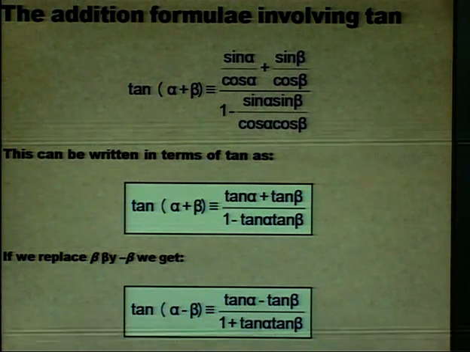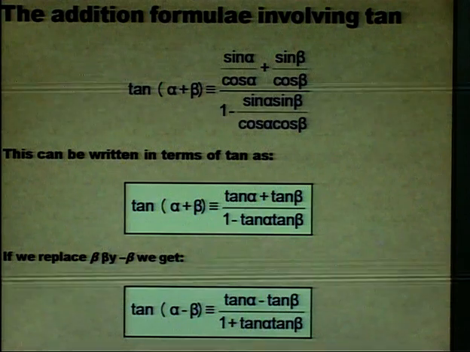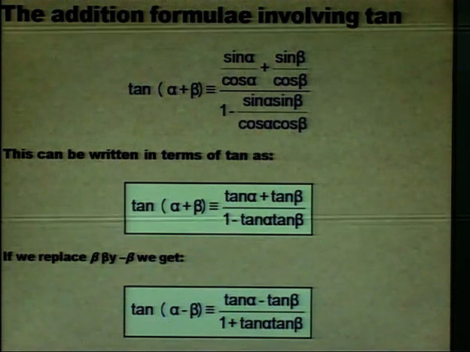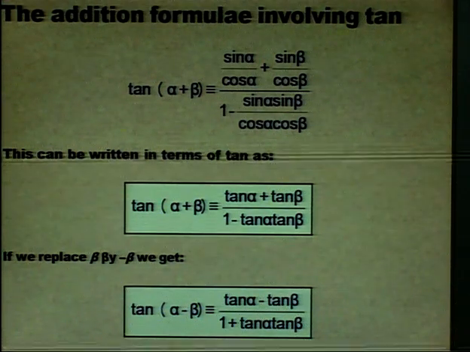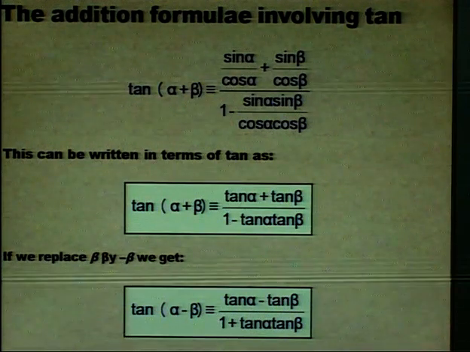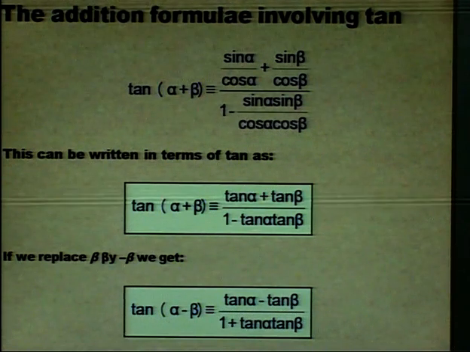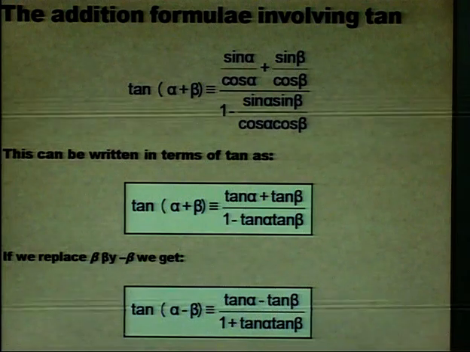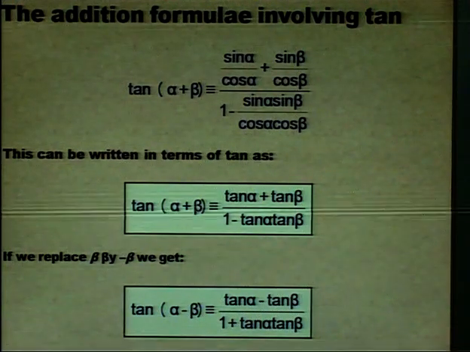But here I am using the simple fact that if you replace beta by minus beta, then tangent of alpha minus beta is merely tan alpha minus tan beta upon 1 plus tan alpha tan beta.